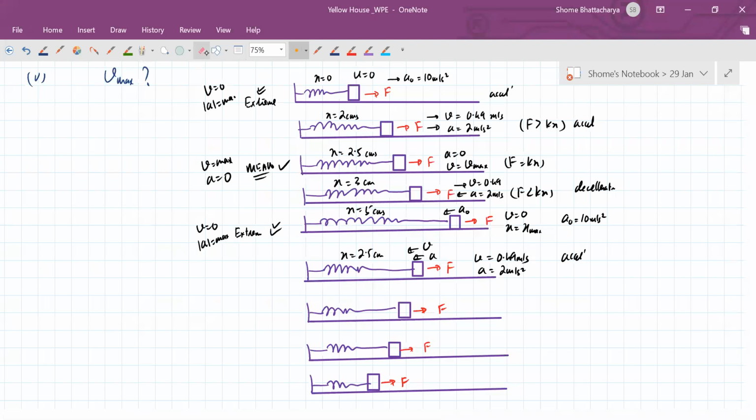sorry, this is 3 centimeters. Because you can see the symmetry of this point and this point. Again, by the time we come to 2.5 centimeters, okay, v will be maximum value, a will be 0. So you're back to mean position.